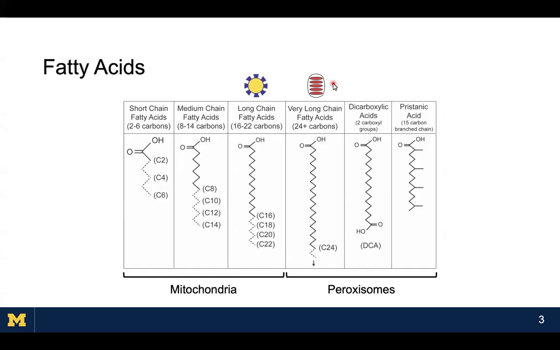However, there is emerging evidence in the literature, including some data that I'll show you today, that these two pools aren't entirely distinct, that they overlap, and specifically that peroxisomes can actually beta oxidize some of the fatty acid substrates that are typically targeted to the mitochondria. So the relationship between these two organelles is really important, and they actually do work together to completely beta oxidize all the fatty acids that the RPE is receiving.